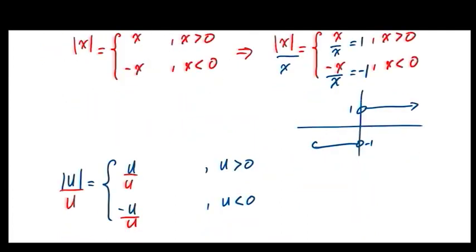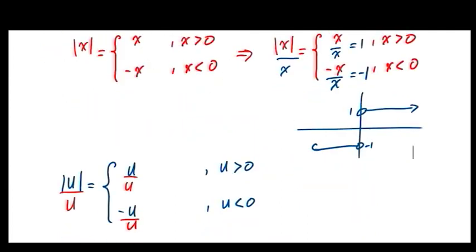No, I jumped the gun. Sorry. I have to take the derivative of this before I divide. So I take the derivative of this, and this, and this. Then this, of course, becomes u prime, and this becomes negative u prime.